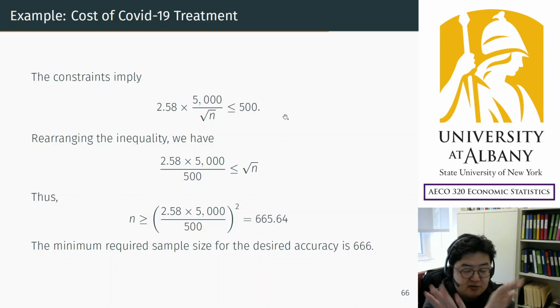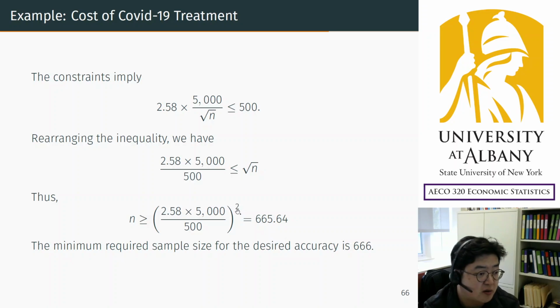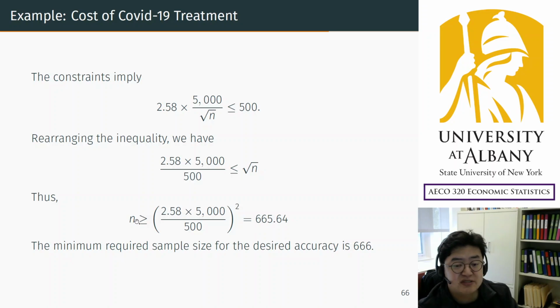So, changing the right and left, n, the sample size, must be greater than or equal to something squared. Calculate that and you get 665 something. And because the sample size should be a natural number, the minimum required sample size should be 666. That is the smallest integer that satisfies this inequality.